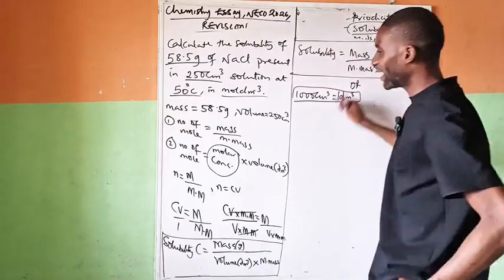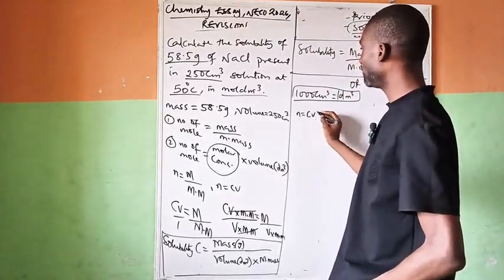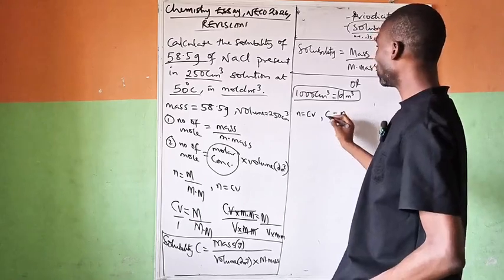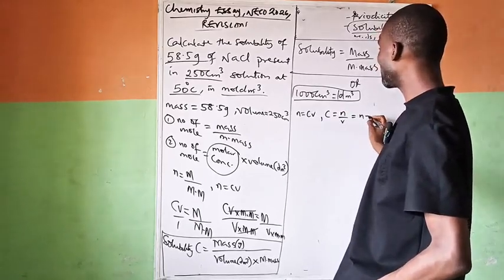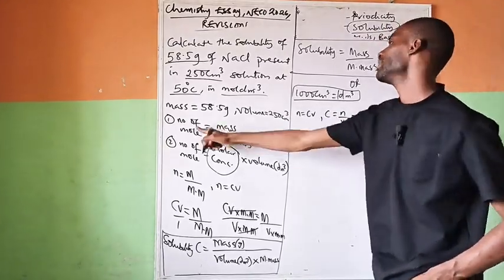Or if I want to derive the second formula, I will still come back here. Since my N equals CV and I need my C, my C is N over V, which means N divided by V. And my N is number of mole, and that number of mole is mass over molar mass.